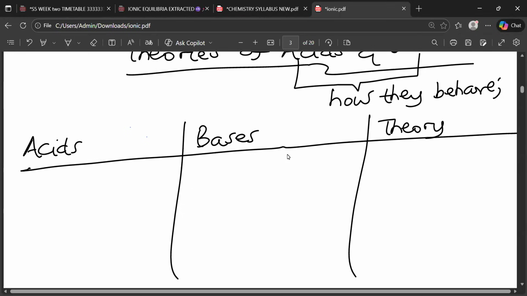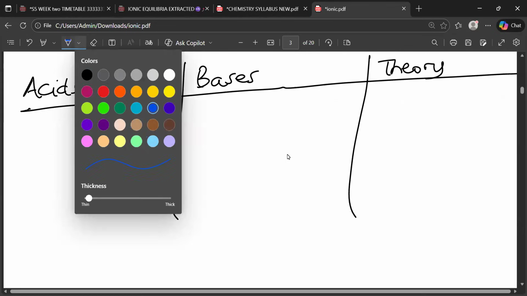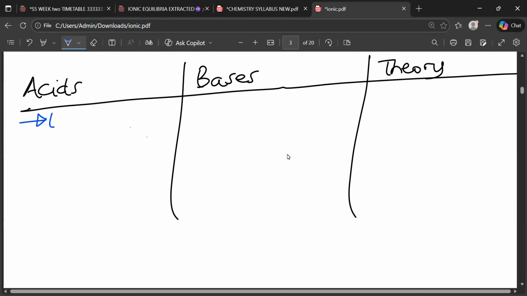Now, there is that first format of definitions, which was talking about producing hydrogen ions. Then we said the reverse is true for bases, and we talked of producing hydroxide ions.